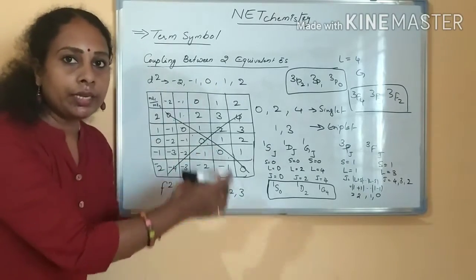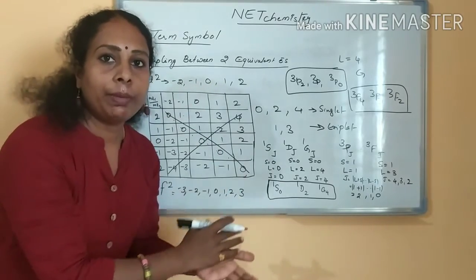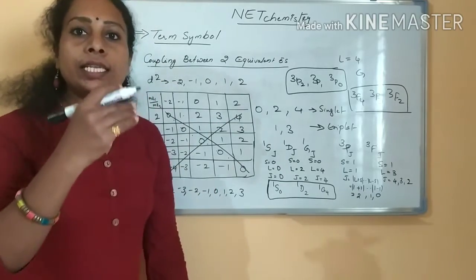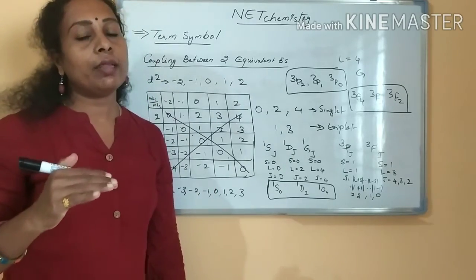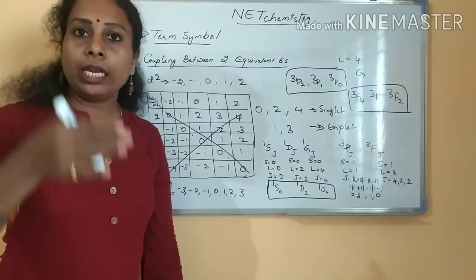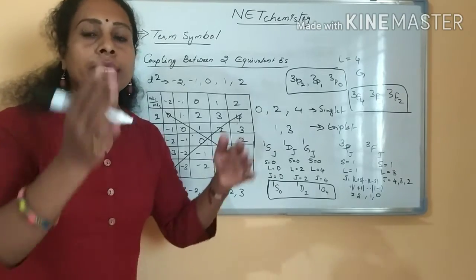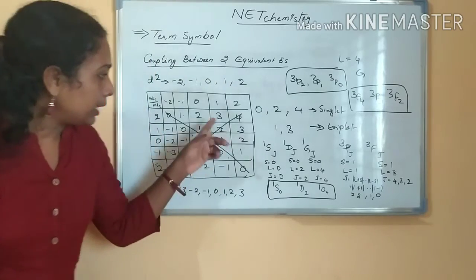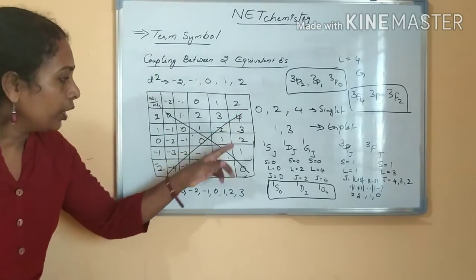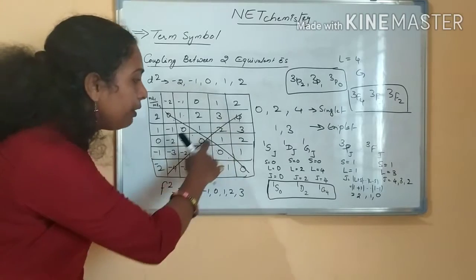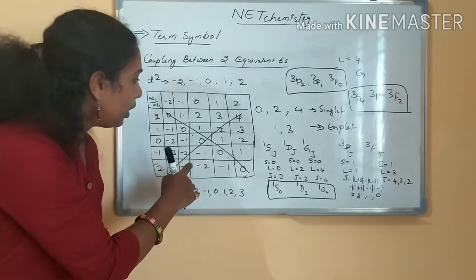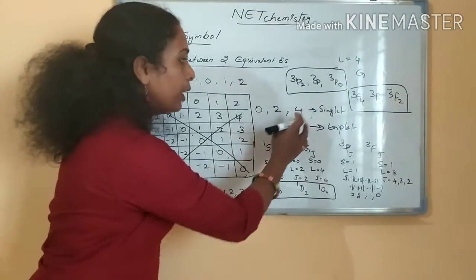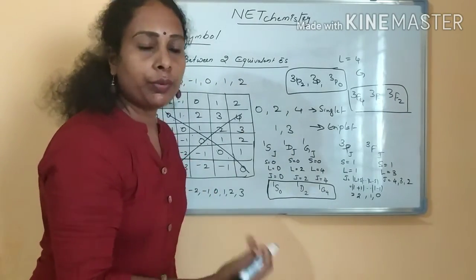For the diagonal element you will get 0, and you take the diagonal elements as singlet and the off diagonal elements as triplet. If a number is already taken in the diagonal and repeats in the off diagonal, you need not take it. See here, we have taken 2 in the diagonal, so we need not take it again in the off diagonal. Then this is the L value, singlet and triplet you have got.